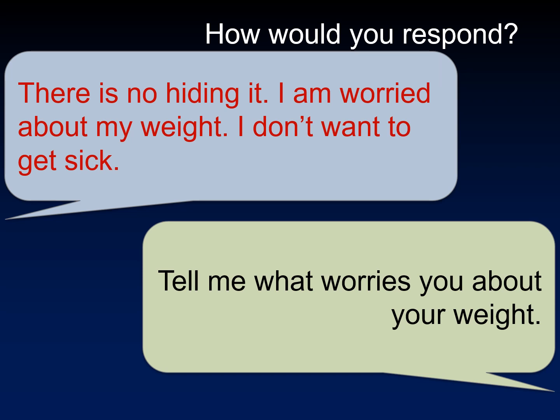But in my mind, I was like, oh, you must be worried about diabetes or whatever. And if you say that, what you're really conveying to the patient is I'm not really seeing the world from the patient's perspective. I'm seeing the world from my perspective. So a good way to avoid that is by asking questions like, hey, tell me what worries you about your weight, if the patient's telling you that they're worried about their weight.